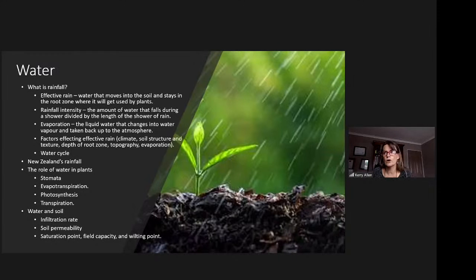Okay, moving on, we'll look at water. In this case, New Zealand has a really effective amount of water, but we need to be able to use it wisely. Effective rain is water that goes into the soil and can be used by the plants in the root zone. If it continues through, then that's not effective. If it runs off, that's no use to the plant either.